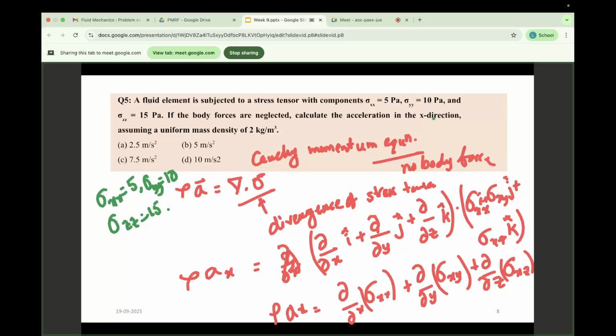Only in the y direction, you see this component is not given, so I can consider this as 0. Also this component is not given, so I can consider this as also 0, right?